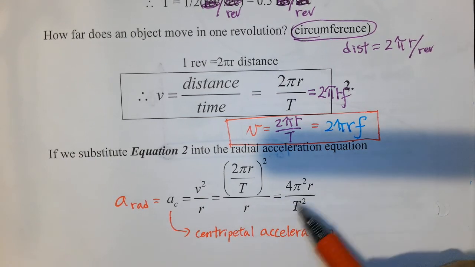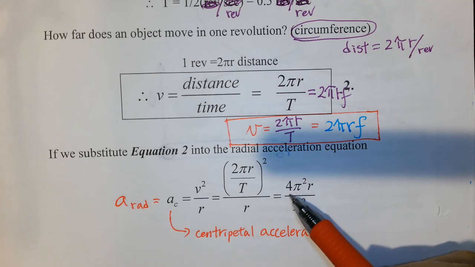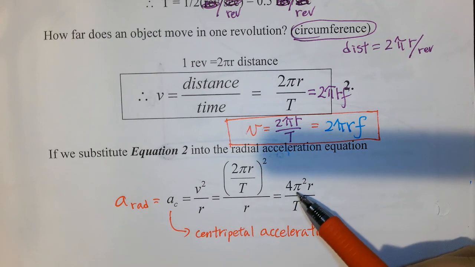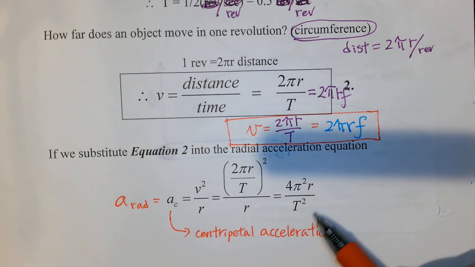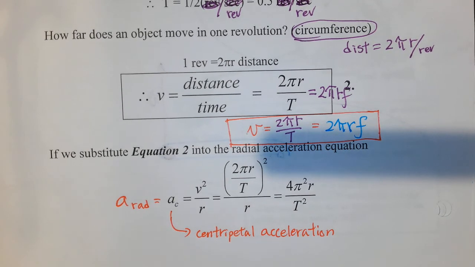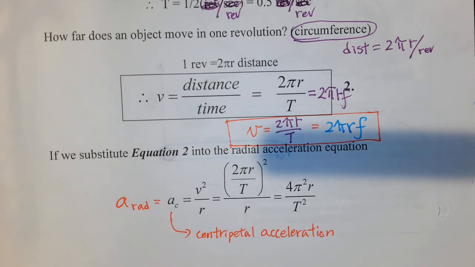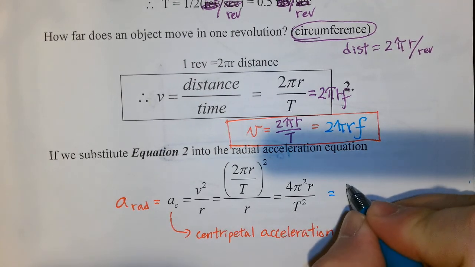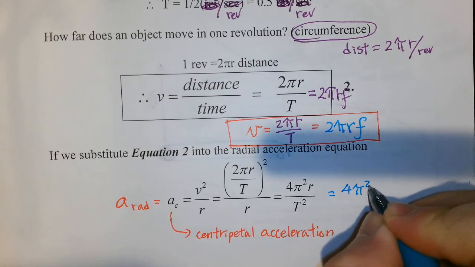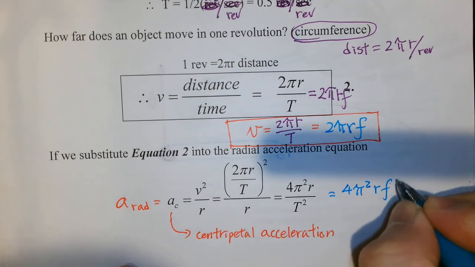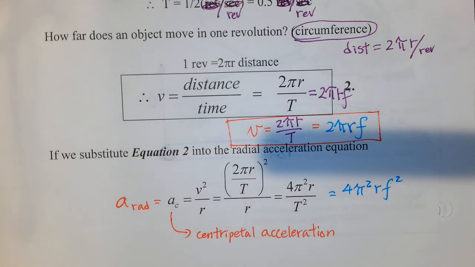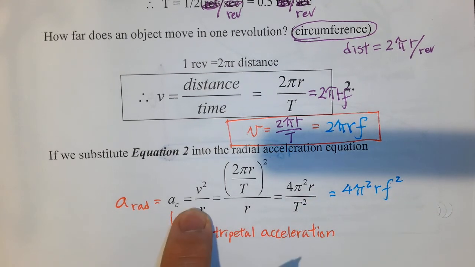So a_c can be represented as 4 pi squared r over the period squared. Or you can also represent that as 4 pi squared r f squared if you want. You don't have to memorize this. You could always derive it later on if you know this.